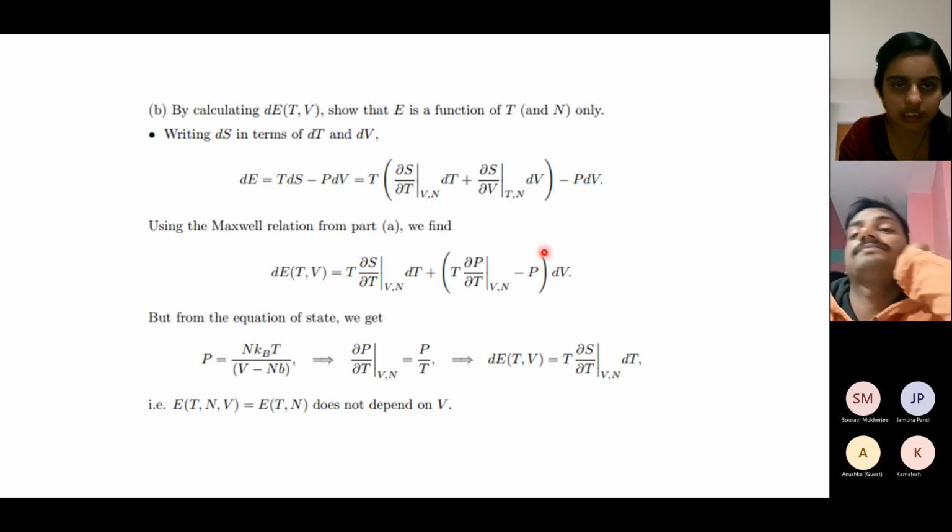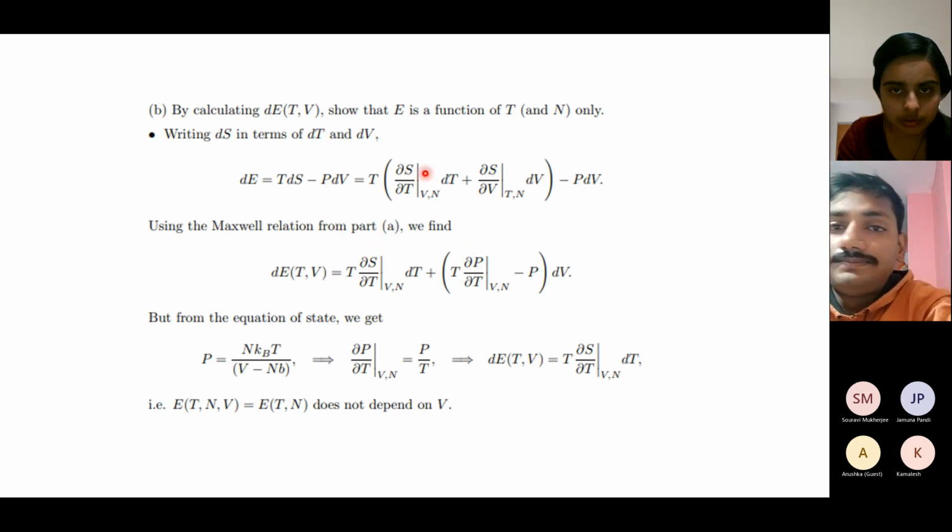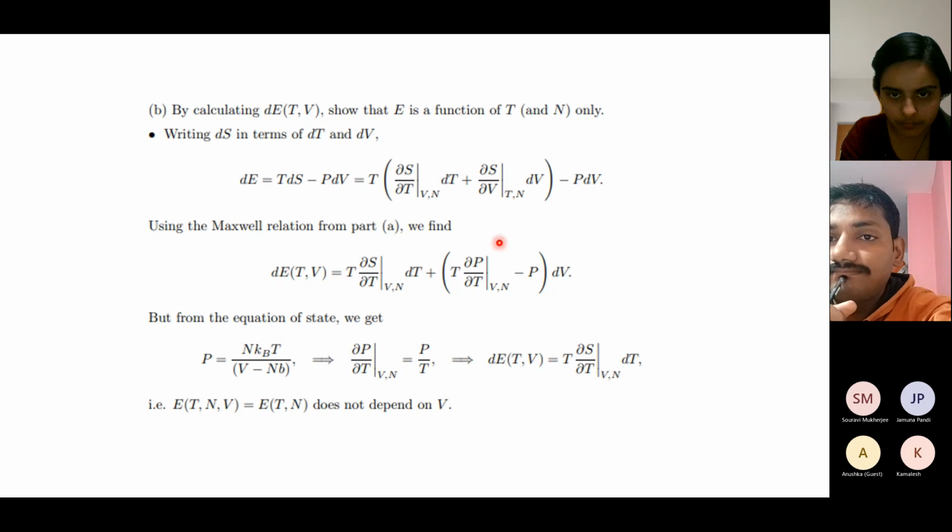Yes, ma'am. And then what do we do? Here we have used the Maxwell's relation. And then we separate the terms for dT and dV.